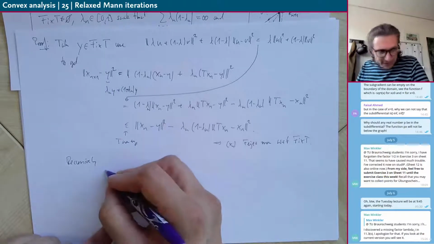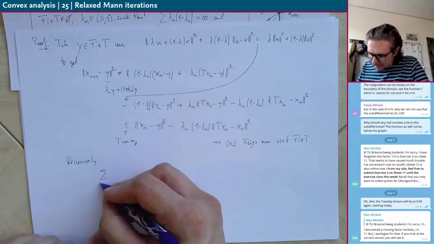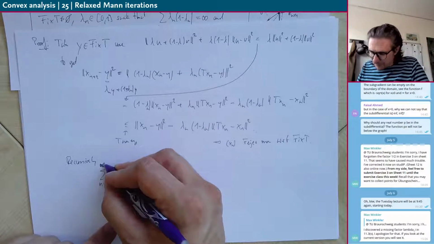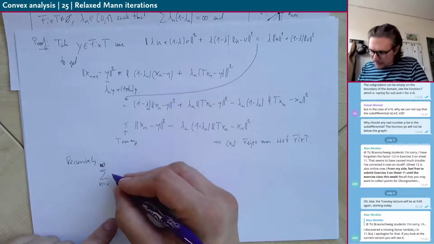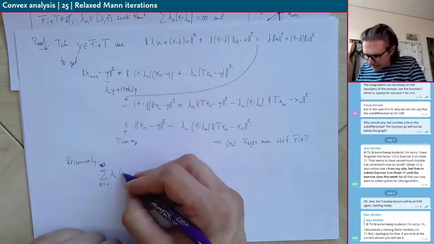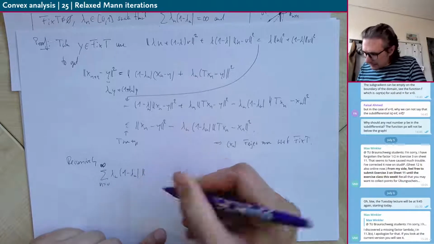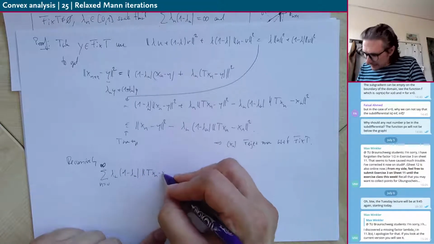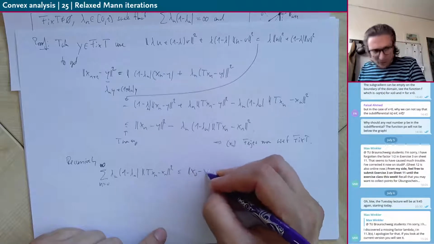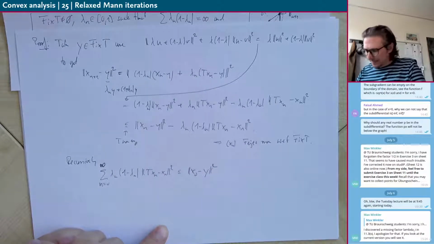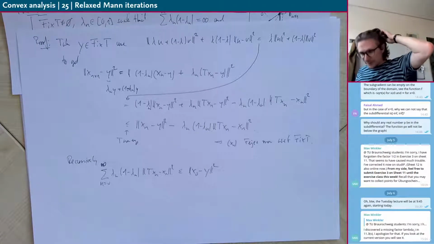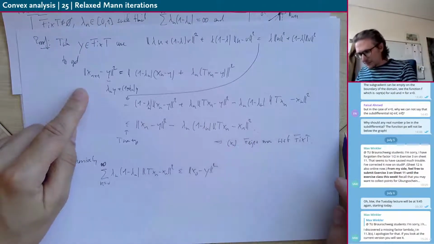Recursively you get that the sum from n equals 0 to, say, infinity of lambda n times 1 minus lambda n, times the norm squared of Txn minus xn, is smaller or equal to the norm squared of x0 minus y. So that's what you get if you apply this recursively towards infinity.